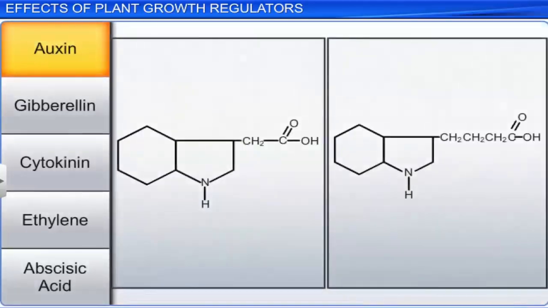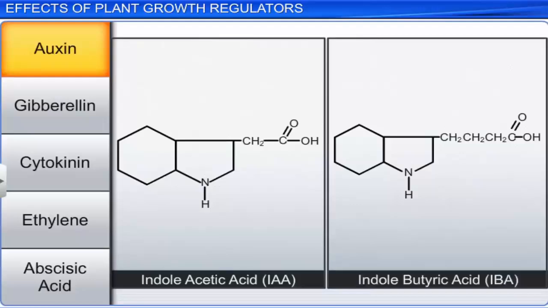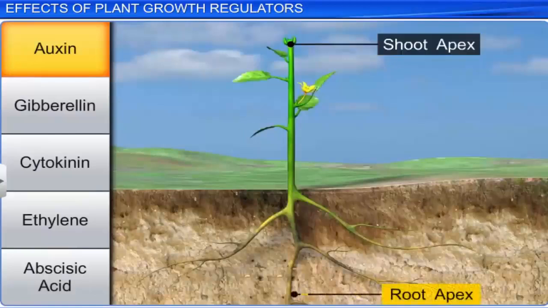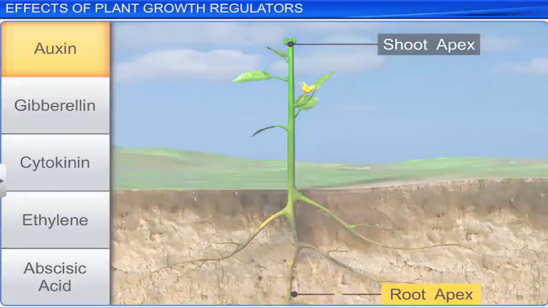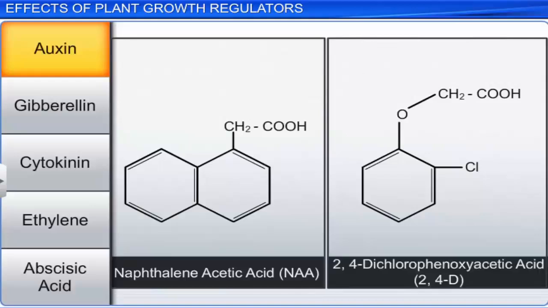Naturally occurring auxins include indole acetic acid or IAA and indole butyric acid or IBA, produced at the apex of plant stems and roots. Synthetic auxins include naphthalene acetic acid or NAA and 2,4-dichlorophenoxyacetic acid or 2,4-D.